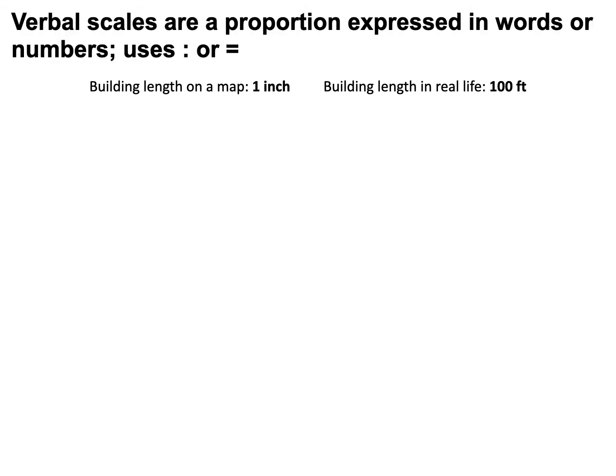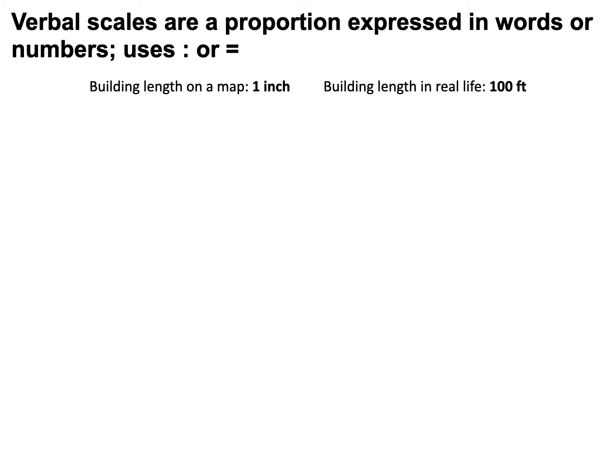So the examples that we just used show basically the two ways verbal scales are used. They're a proportion expressed in words or numbers, showing the size of something on the map to its size in real life. And there are two different proportional symbols that can be used.